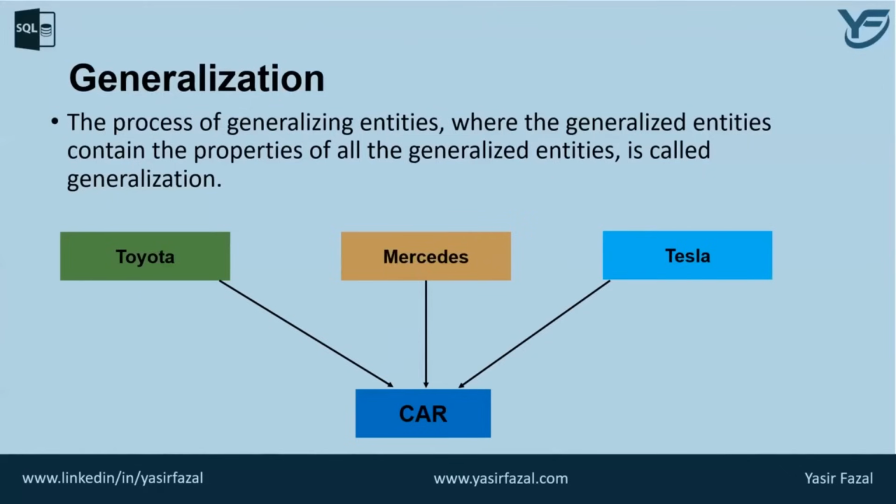If I have entities like Toyota, Mercedes, and Tesla, I can generalize them and put them into one superclass named car. Another example: there are faculty and student, and we can generalize this hierarchy into a higher level entity, for example, person, right?